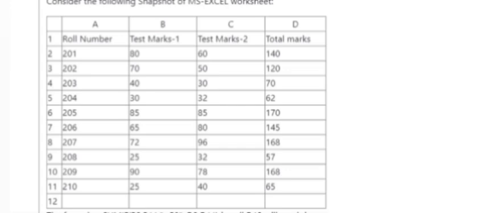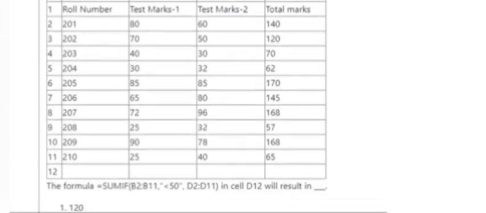Roll numbers 201, 202, 203, 204, 205, 206, 207, 208, 209, 210. Test mark 1: 80, 70, 40, 30, 85, 65, 72, 25, 90, 25. Test mark 2: 60, 50, 30, 32, 85, 80, 96, 32, 78, 40. Total marks: 140, 120, 70, 62, 170, 145, 168, 57, 168, 65.